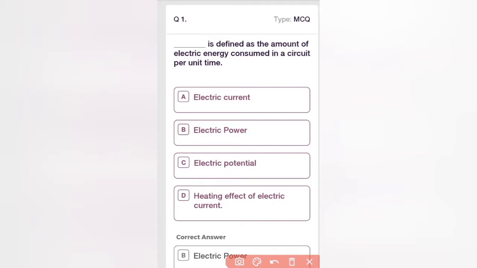Dash is defined as the amount of electric energy consumed in a circuit per unit time. See, electric energy per unit time, so the rate of change of energy, we call it work done by time taken also.